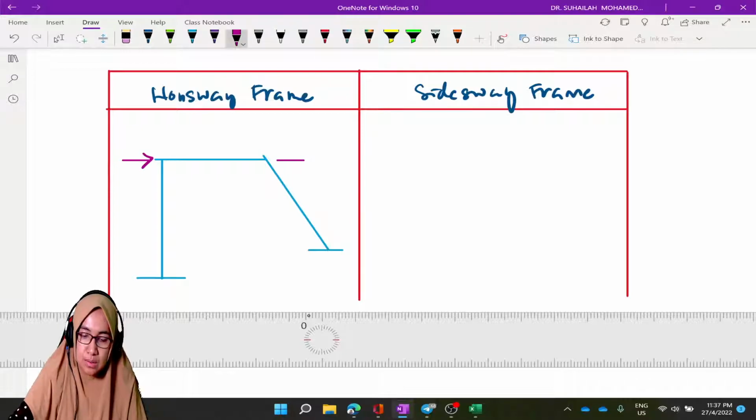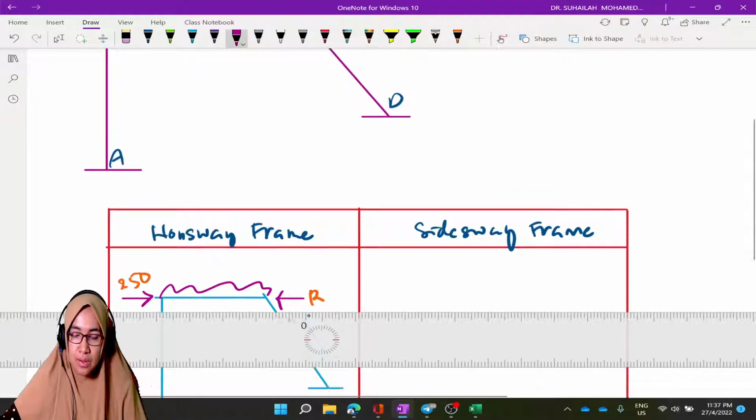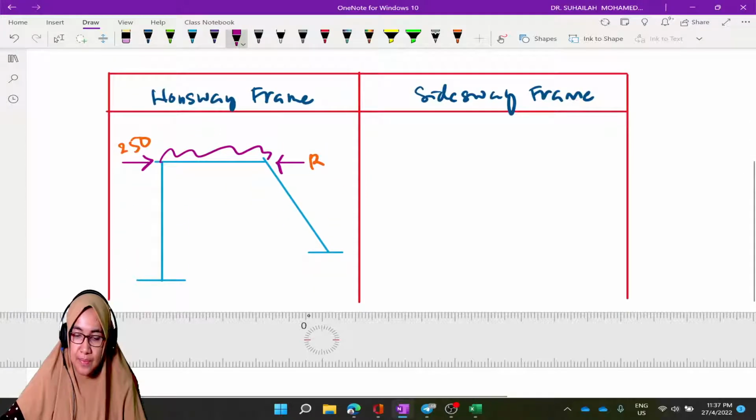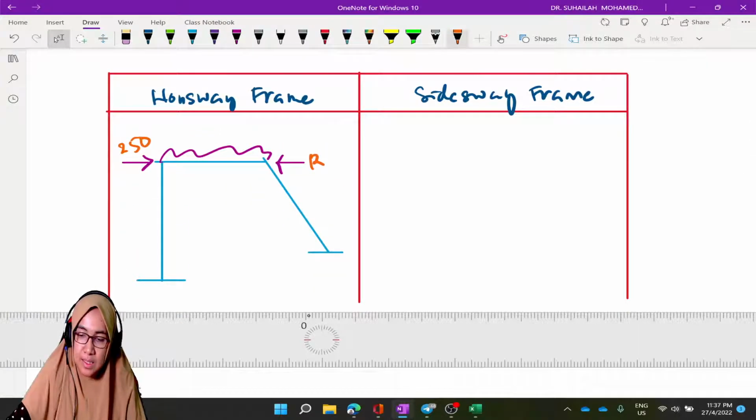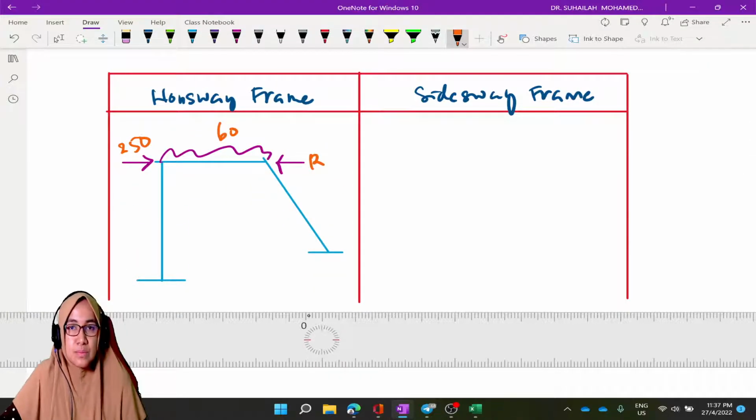So this one is R, and R is 250, and we have UDL of 60.